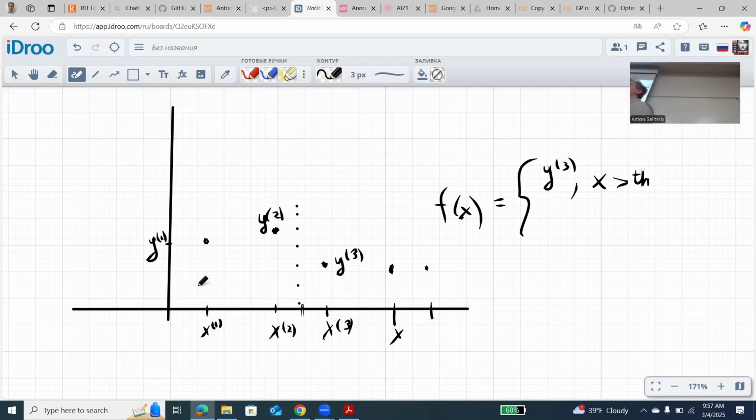Yeah, you can speak. Yeah, it's a good idea. It's not always the case, but if we minimize MSE, then it will be the average. So it's a good suggestion to take the average. And so it will be y1 plus y2 divided by 2, for every point x smaller than the threshold. Again, it's just one decision rule, just the tree of depth 1.